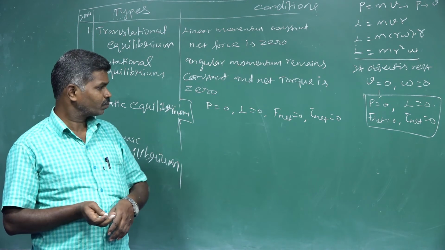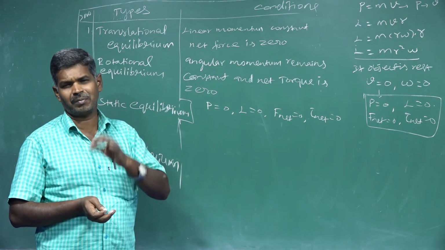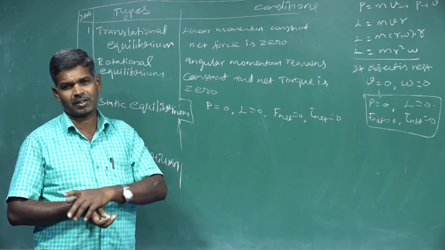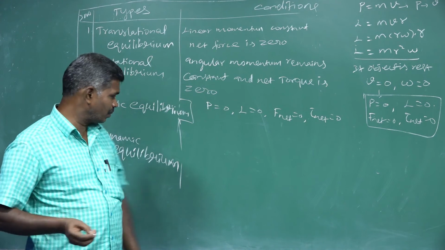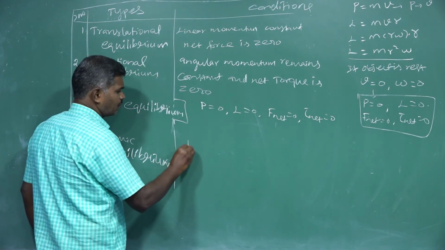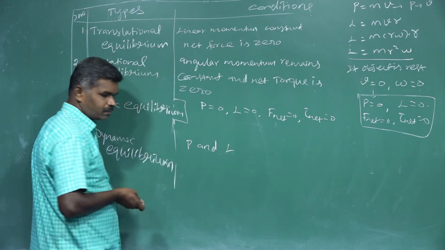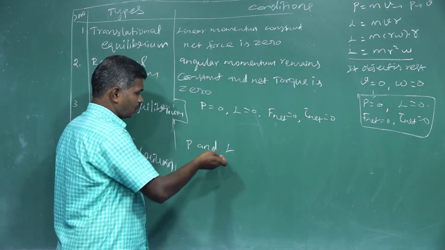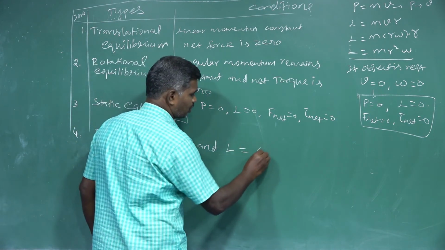That's why if V remains constant, P remains constant. P means linear momentum remains constant. Omega remains constant means angular momentum remains constant. That is P, linear momentum, and L, angular momentum, are equal to constant.